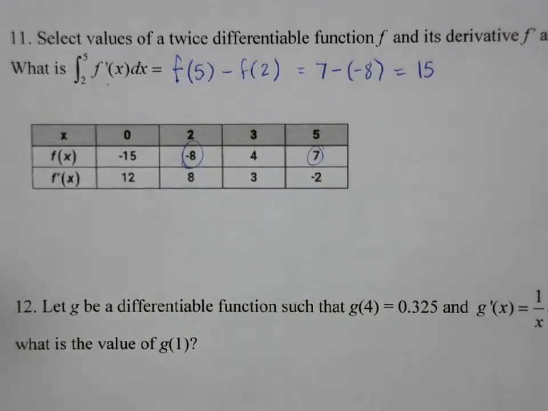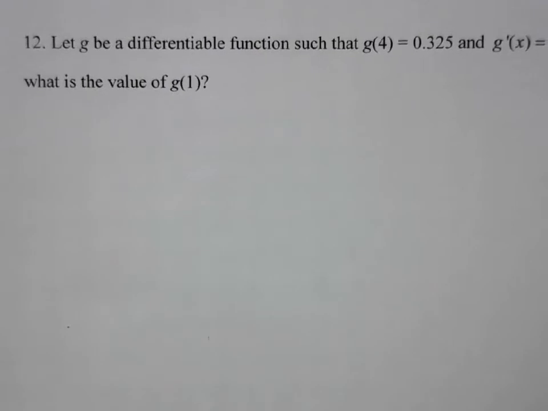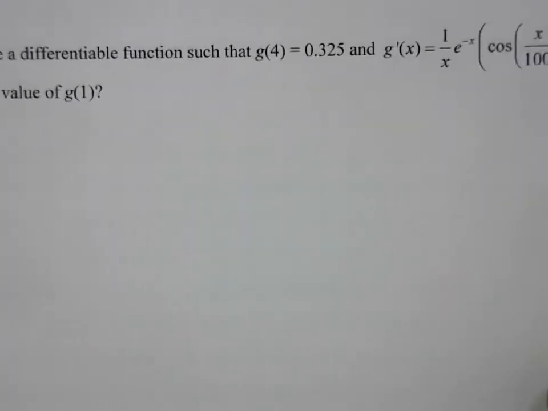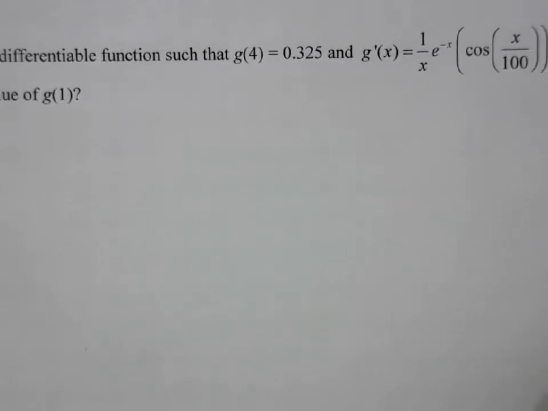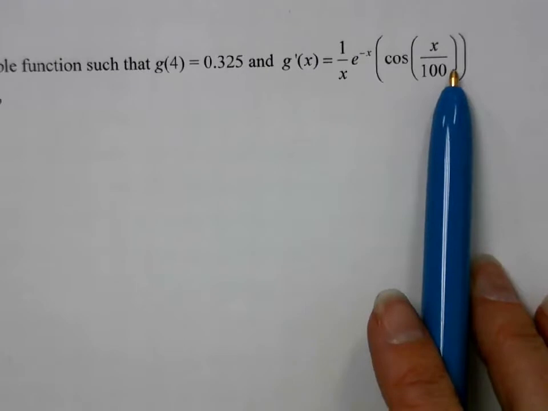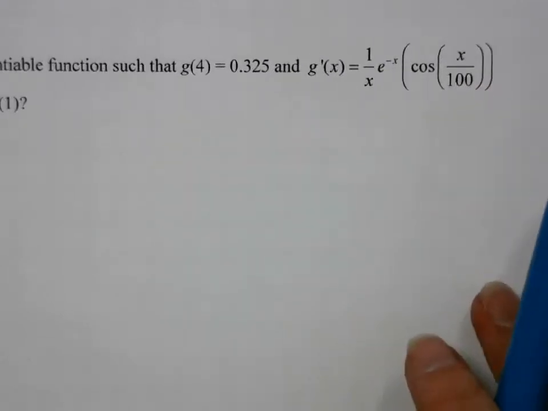Okay, our last problem is similar. It says let g be a differentiable function such that g of 4 is 0.325 and g prime of x is this whole mess. What is the value of g of 1? Okay.